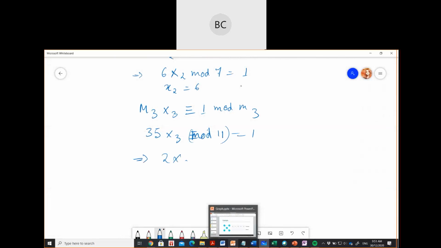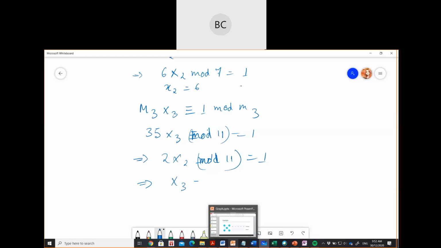Just minimize it again. x2 is up to 1. So if you divide 66 by 11, the remainder will be 1.